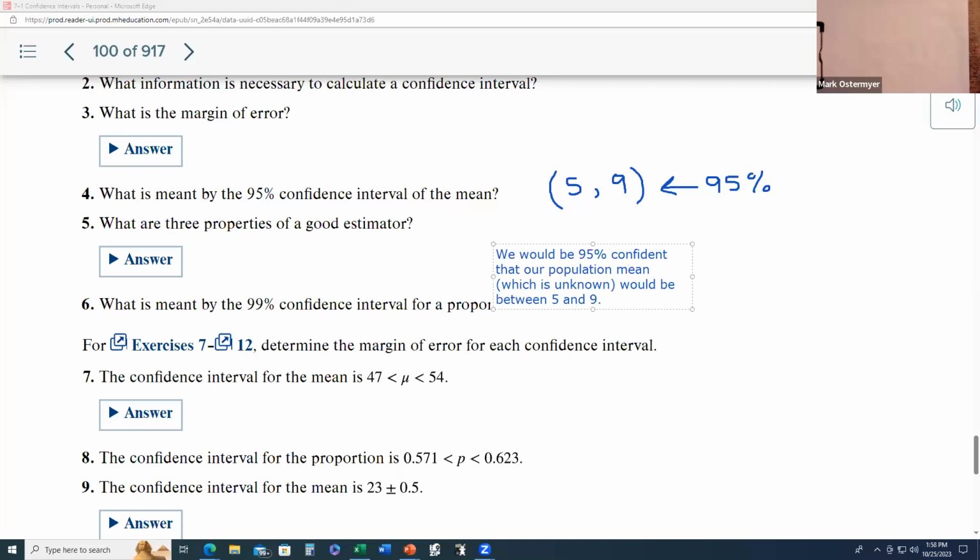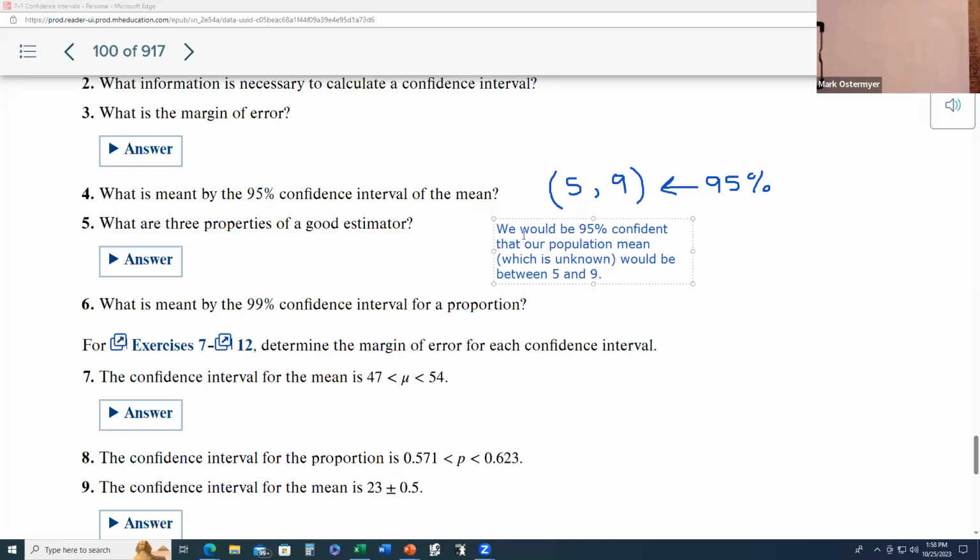That's how you interpret what this confidence interval is saying. If that was a 95% confidence interval for an unknown population mean, we'd be 95% confident that our population mean mu lies somewhere between 5 and 9. That is a fairly high level of confidence.